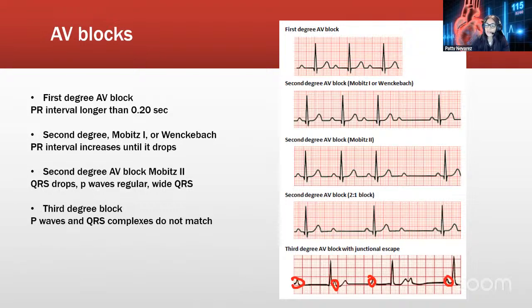However, within this nonsense, if we take our calipers, the problem here is the atria and the ventricle do not connect at all. Well, in Mobitz 1 and 2, the QRS drops and then restarts. In this case, they don't talk to each other. There's no connection. There is a disconnection.